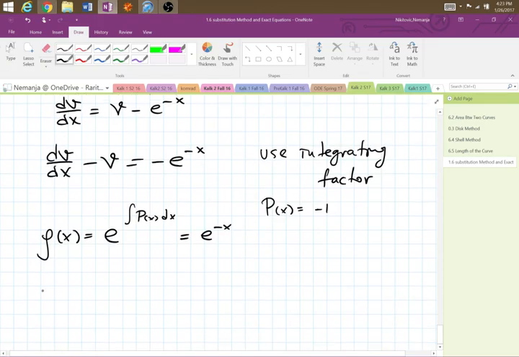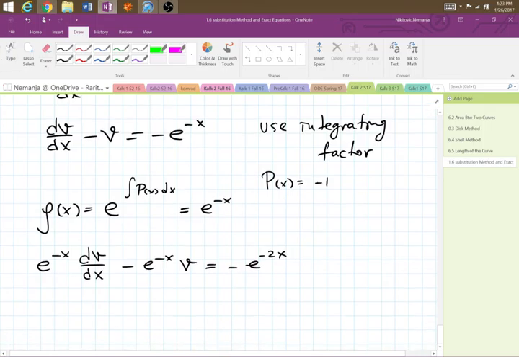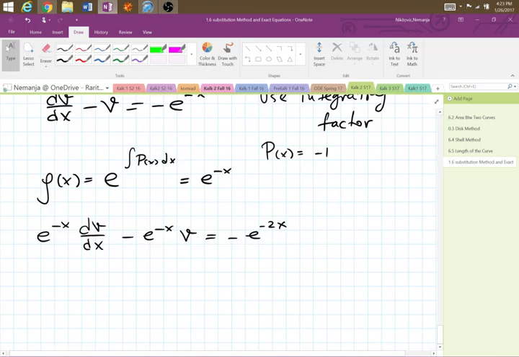So I have e to the minus x times dv dx minus e to the minus x times v is equal to negative e to the negative 2x. Are we agreeing on this? Now, this is the one that collapses into the product rule, right?